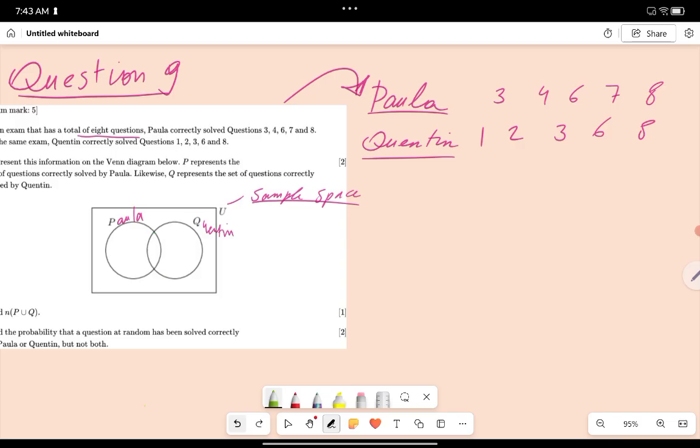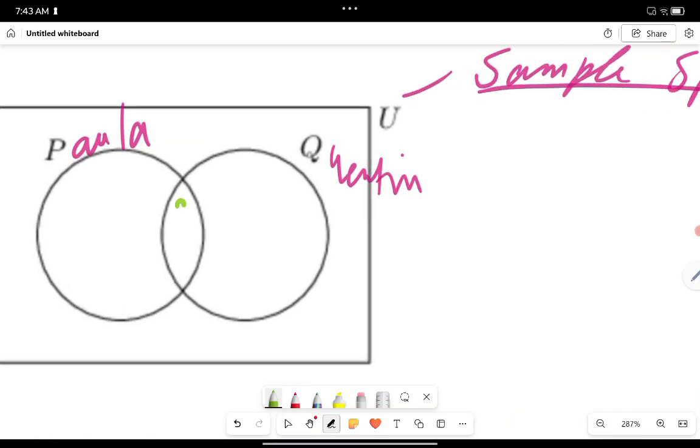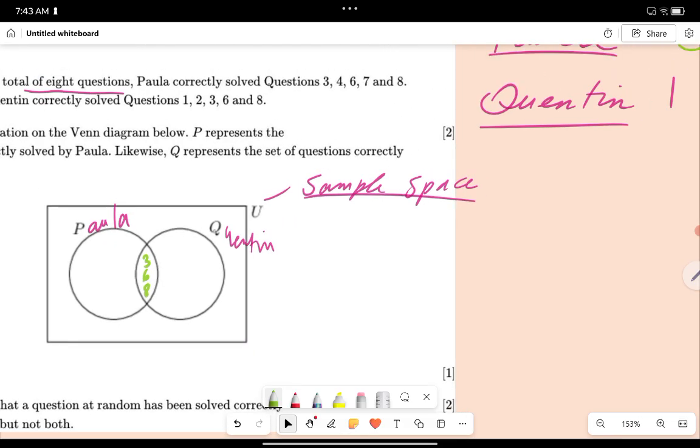So, what are the questions that are solved by Paula and Quentin? Well, I see the 8 is solved by both. We have 6 is solved by both. And we've got 3. Do we have anything else? No, we don't. So we're going to put 3, 6, and 8 up there.